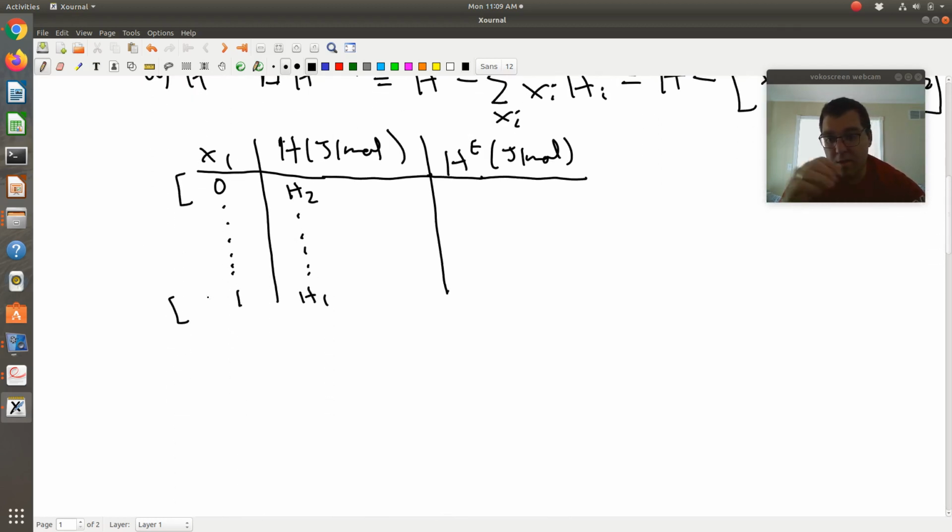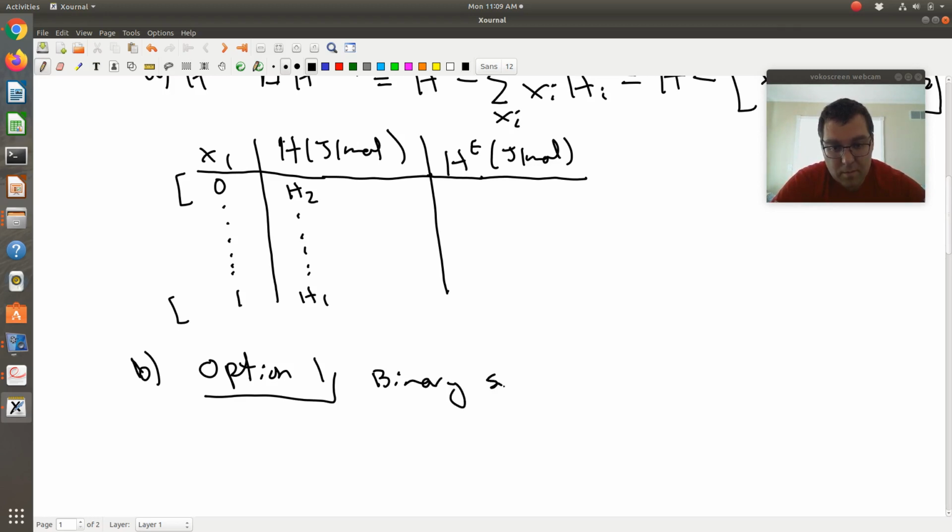Let's start with option 1, which in this case may or may not be the easier way. Option 1 is only going to be applicable for binary systems. Basically, what I want to calculate is h bar 1E at x1 equal to 0.2.